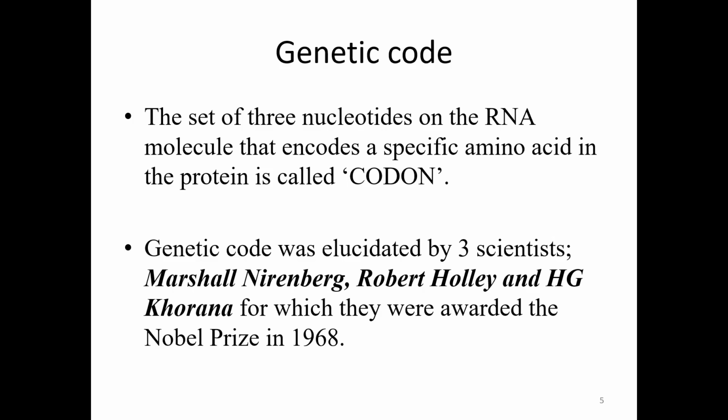The set of 3 nucleotides on the RNA molecule that encodes a specific amino acid in the protein is called a codon. So, what is codon, my dear students? The set of 3 nucleotides on the RNA molecule that encodes a specific amino acid in the protein is called the codon.